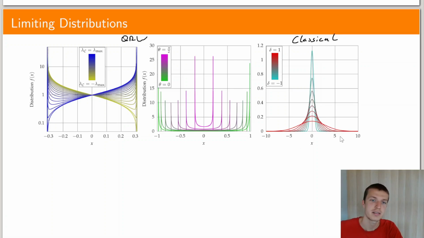What we see is that the classical distribution will converge to some kind of bell curve or Gaussian, but the quantum random walk will have these nearly flat distributions which are peaked on the outside for symmetric ones, and for asymmetric ones we have either this bowl shape or some twisted version of it.